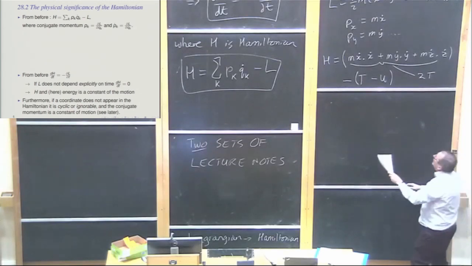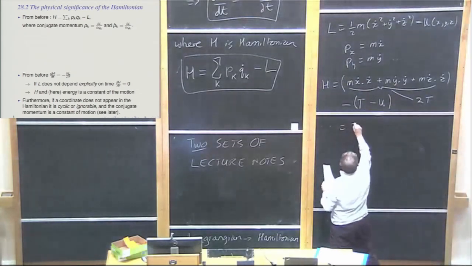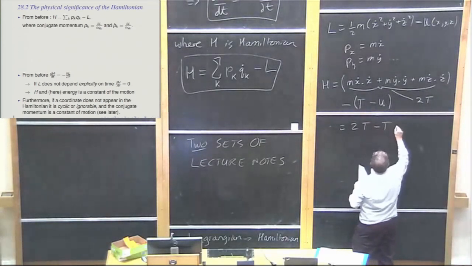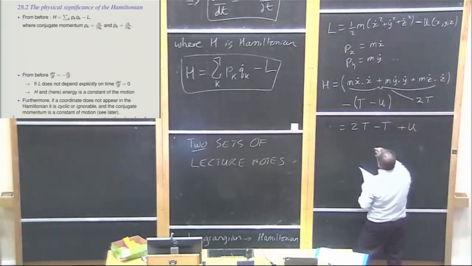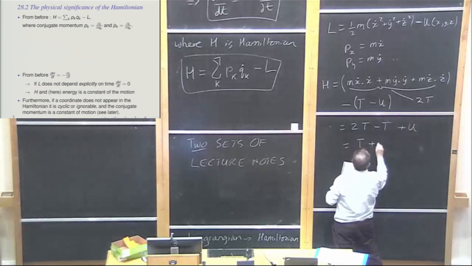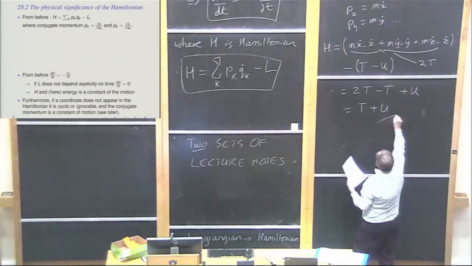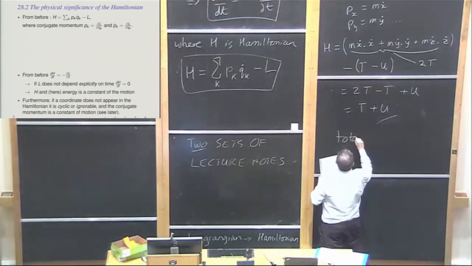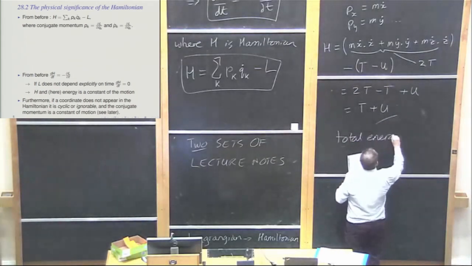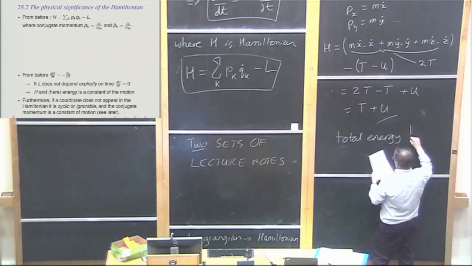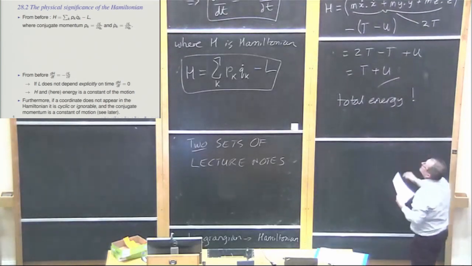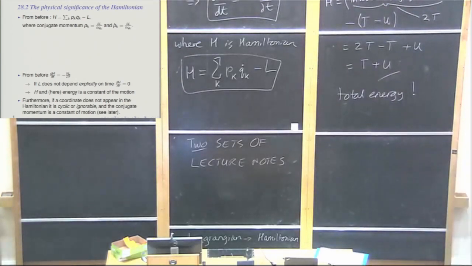So this Hamiltonian is 2T minus T plus U equals T plus U. So this is nothing more than the total energy. So that's what it physically means.